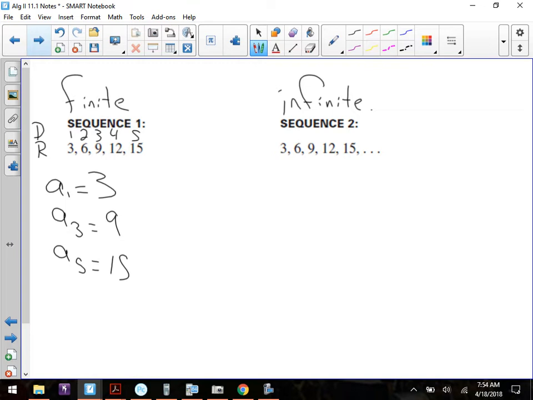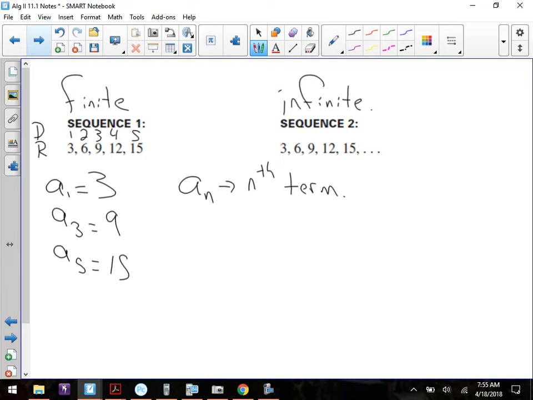They use the terminology A sub n, where this is the nth term. You'll see that a lot. Start with this stuff. It's some basic vocabulary and some background stuff.